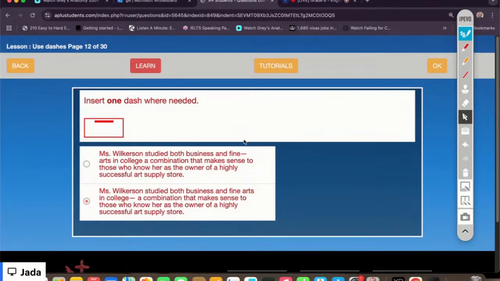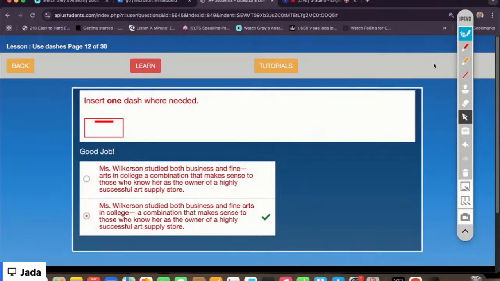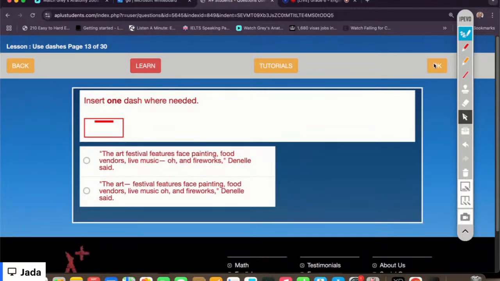Okay, so we have what's the second one? The art festival features face painting, food vendors, live music, oh, and fireworks, Danielle said.